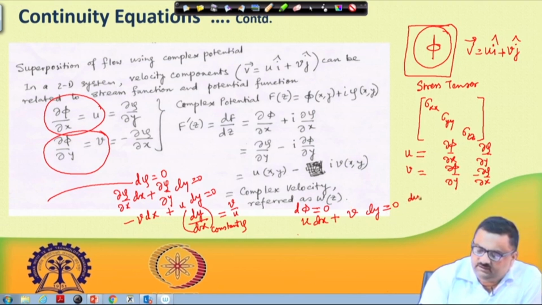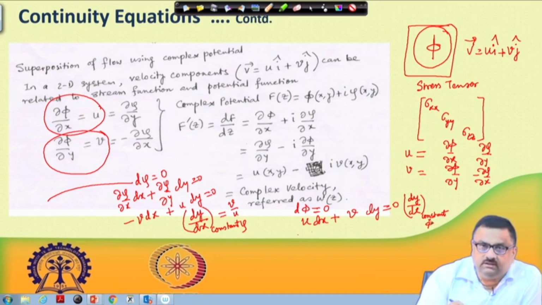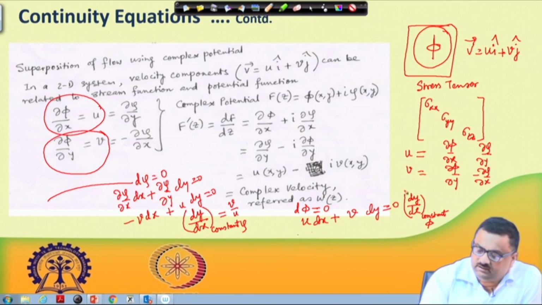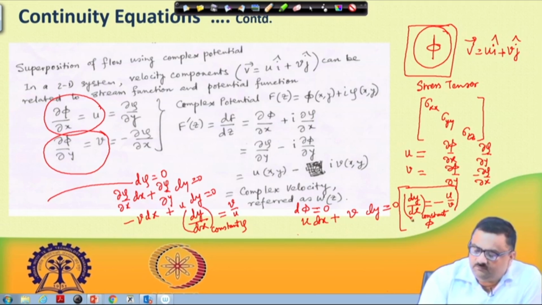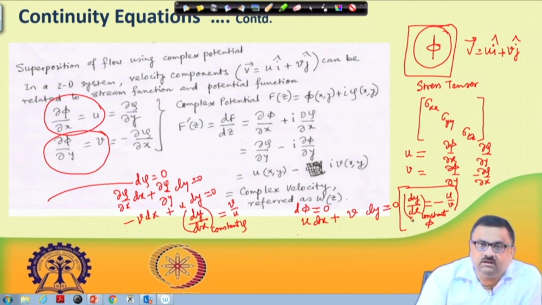This means dy dx at constant phi, that means the slope of potential lines, is equal to minus u by v. So, the slope of a streamline at a point is v by u and the slope of a potential line at a point is minus u by v. If we take the product of the two slopes, it is minus 1.